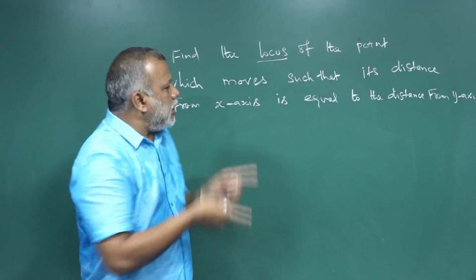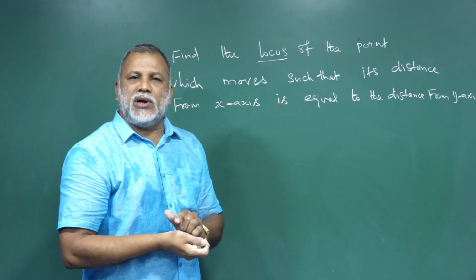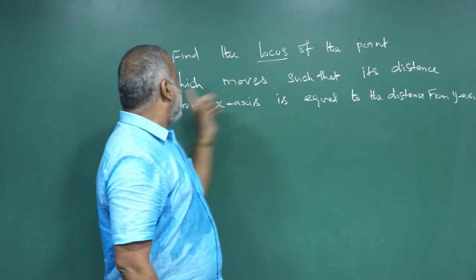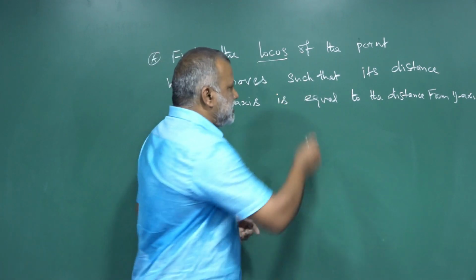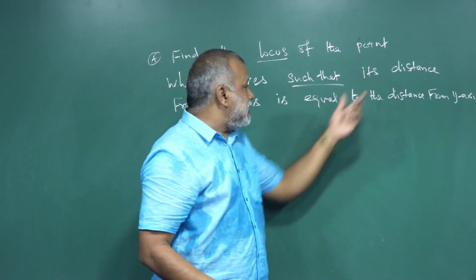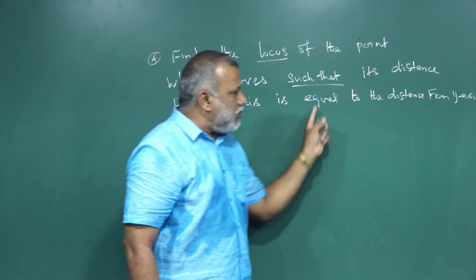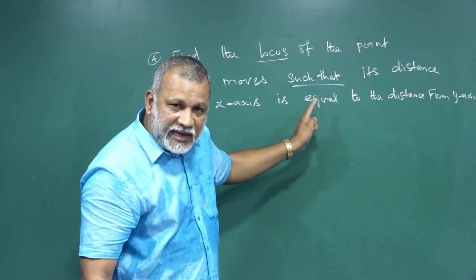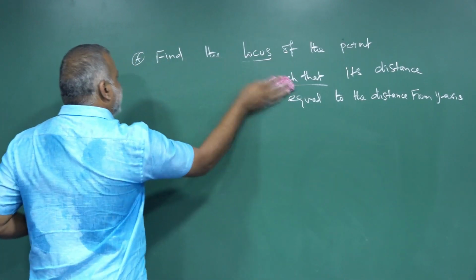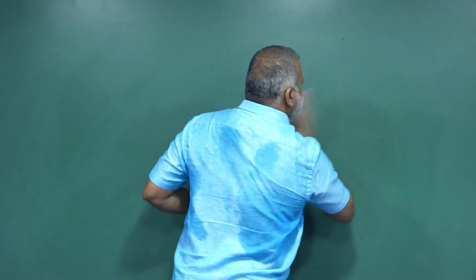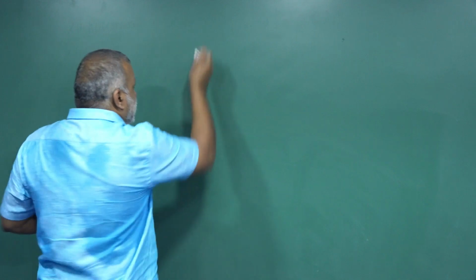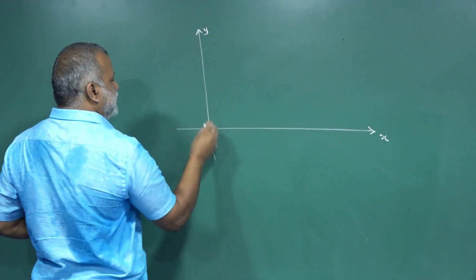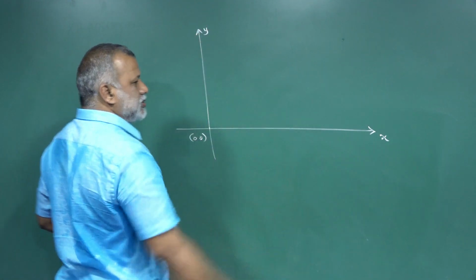See the definition. Now we have a problem based on this observation. The locus means the path traced by a moving point. Up to this, understand clearly. Such that means it has some condition: its distance from the x-axis is equal to its distance from the y-axis. With the help of understanding this problem, we are going to take the diagram. According to the problem, draw a diagram: x-axis, y-axis, and the origin (0, 0).